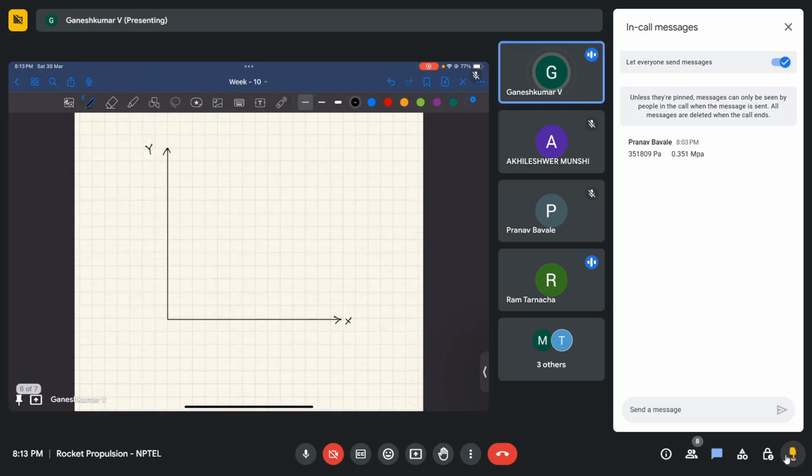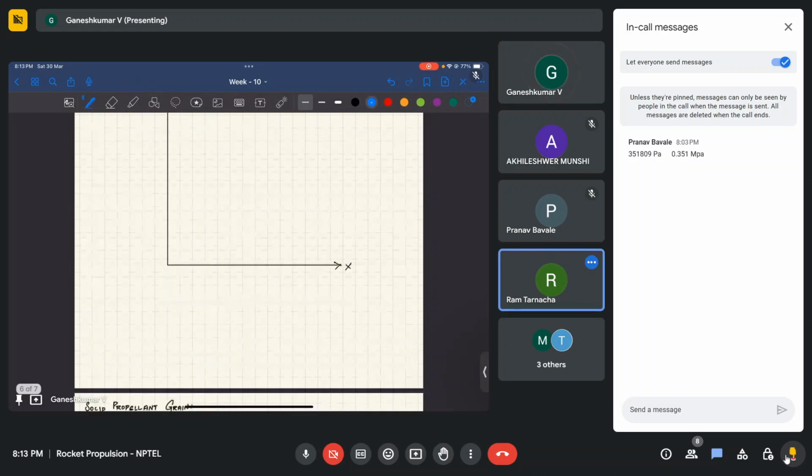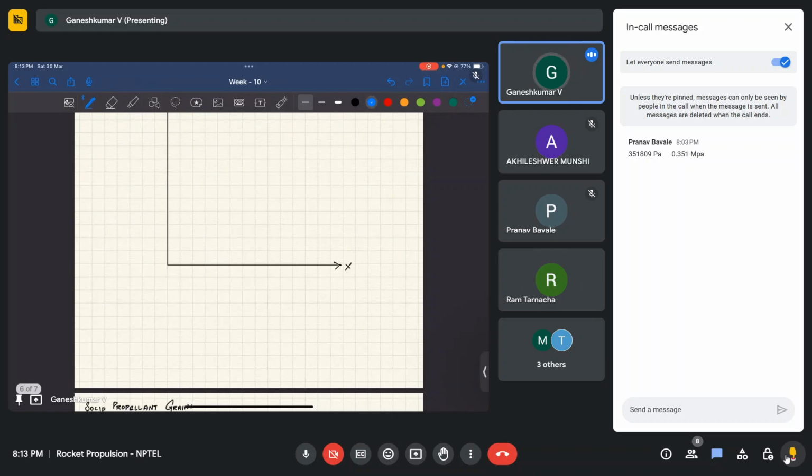In this, let's say, we have the initial propellant grain. So it will look something like this.